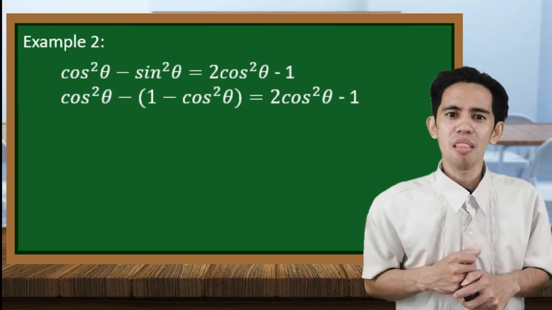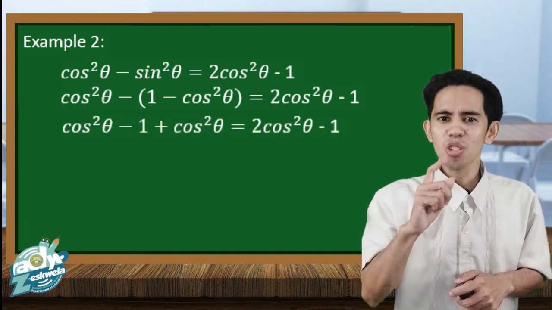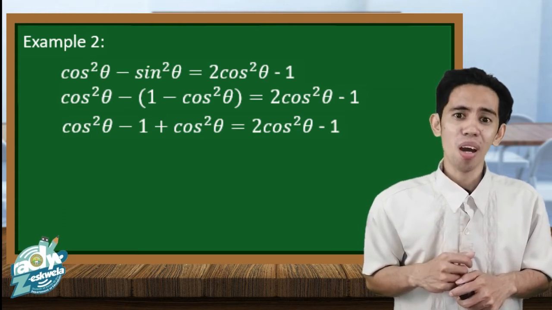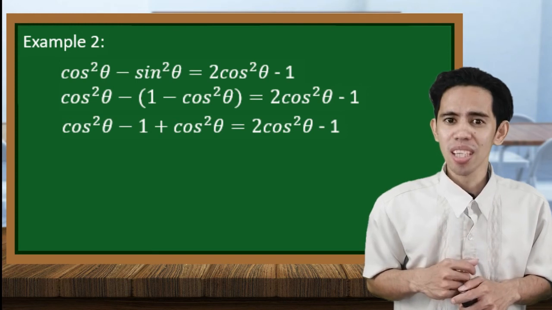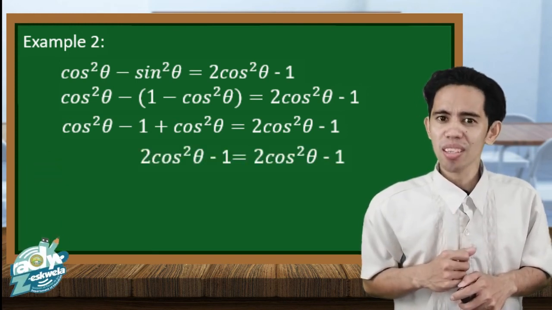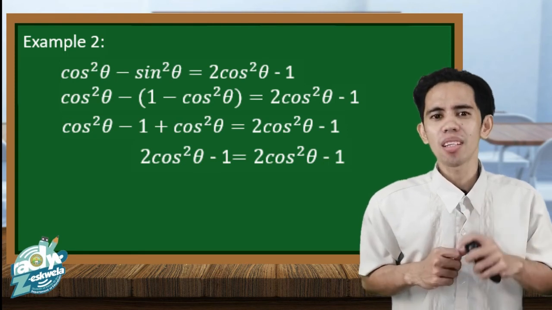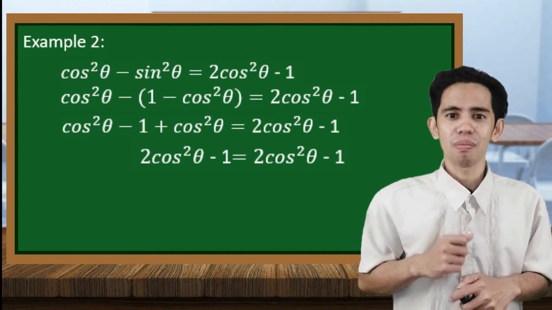Then remove the parentheses and simplify. And cos squared theta minus 1 plus cos squared theta is equal to 2 cos squared theta minus 1. We come up with 2 cos squared theta minus 1 is equal to 2 cos squared theta minus 1.